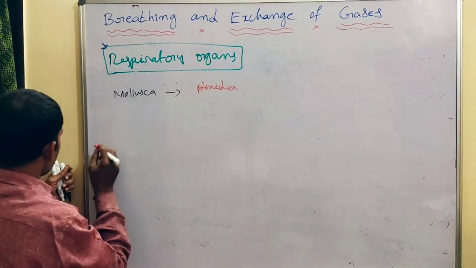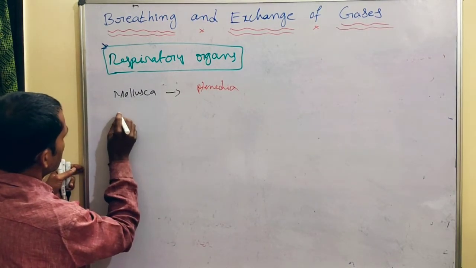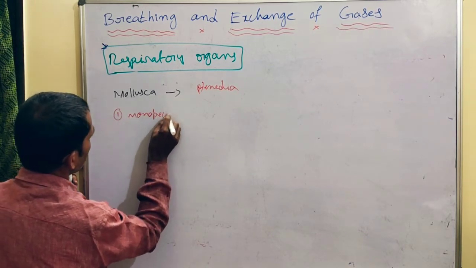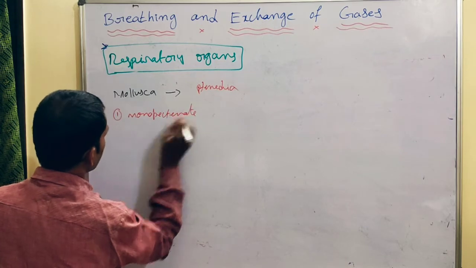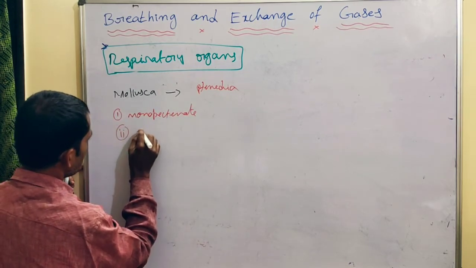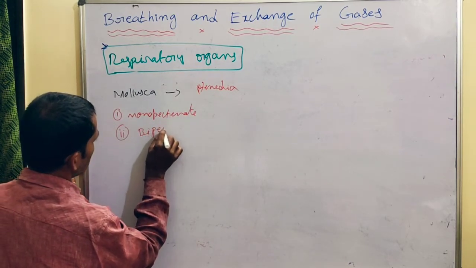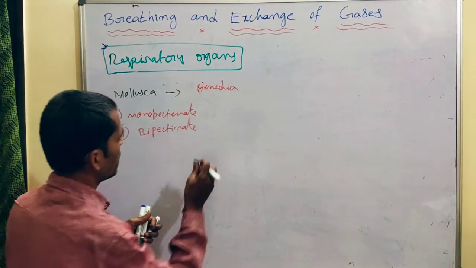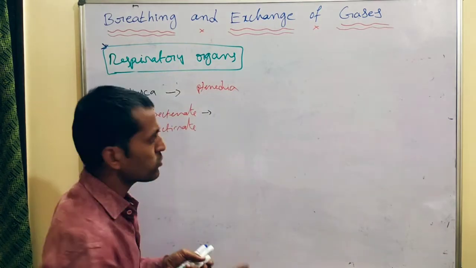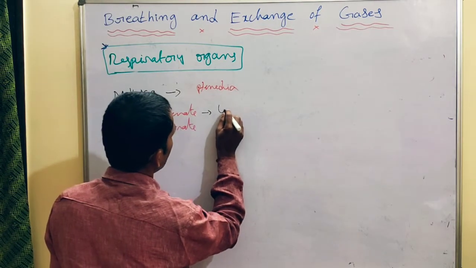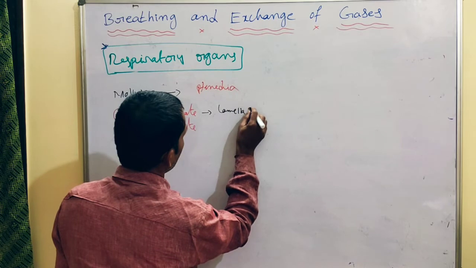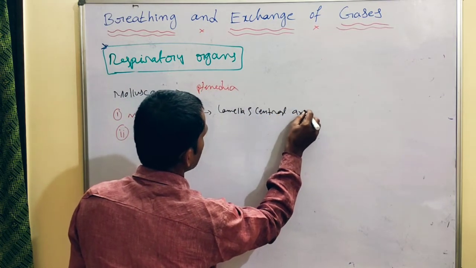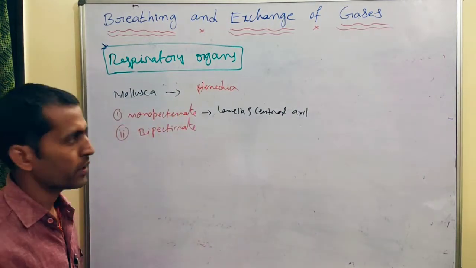The ctenidia are of two types: monopectinate and bipectinate. Monopectinate means the presence of lamella and central axis on one side of the body.